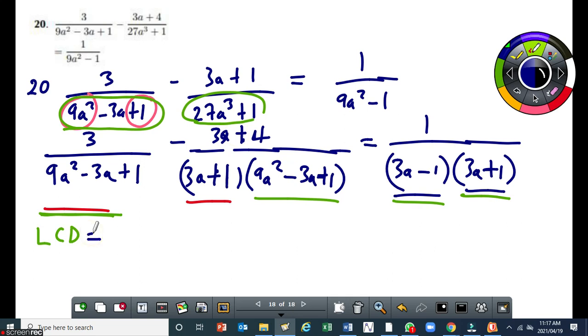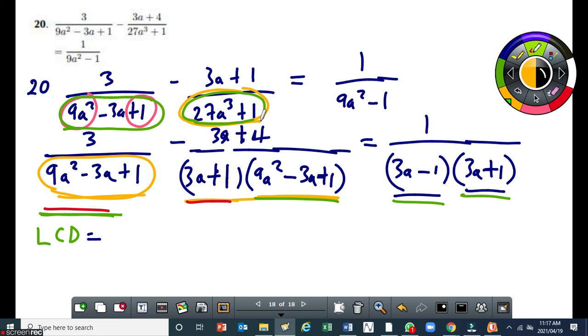What I was saying was, because here we've got this 9a squared multiplying that one there, my LCD is going to have this sum of two cubes, and this trinomial is part of the product here. So this trinomial is taken into account because it is a factor of that sum of two cubes.